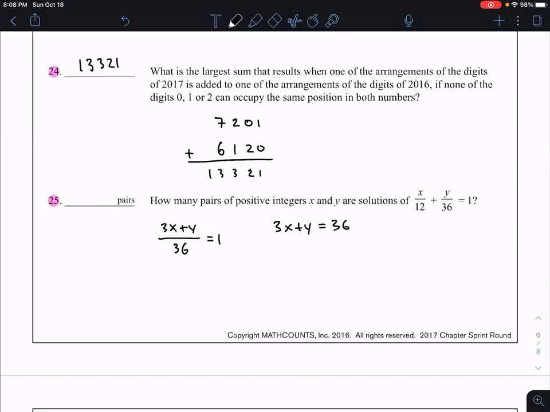And to find how many pairs of positive integers there are, we just have to find how many integers work for x. And to do that, we have to find how many multiples of 3 there are that are less than 36.